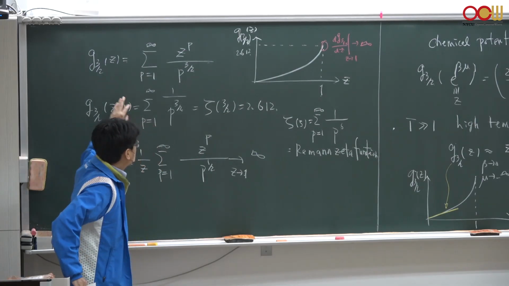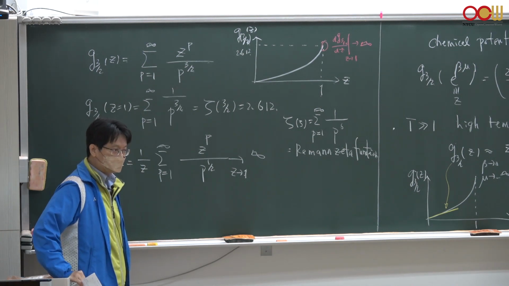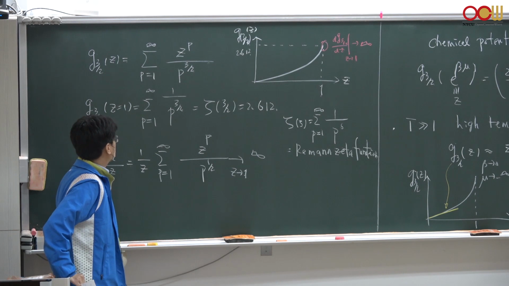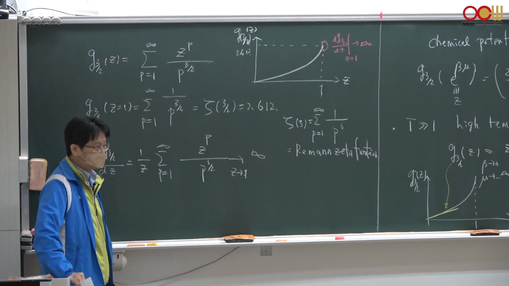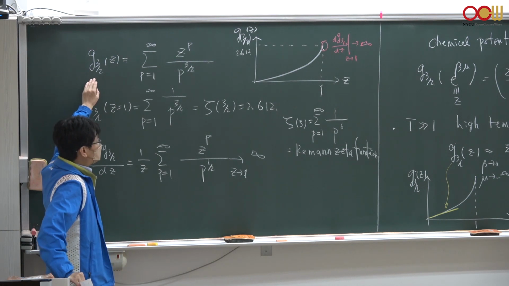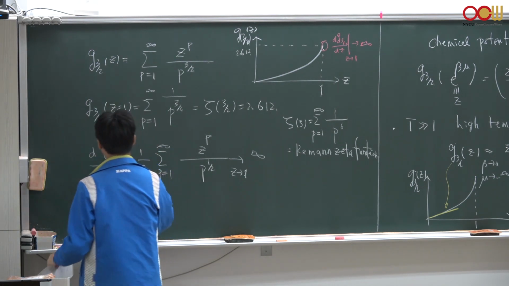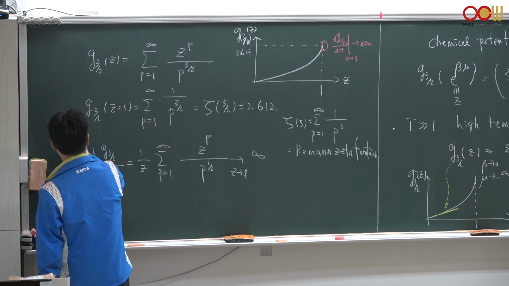So before the break, we re-expressed the number density of the free bosons at any temperature in terms of this g 3/2 function, a function of z, where z is defined as e to the beta mu.